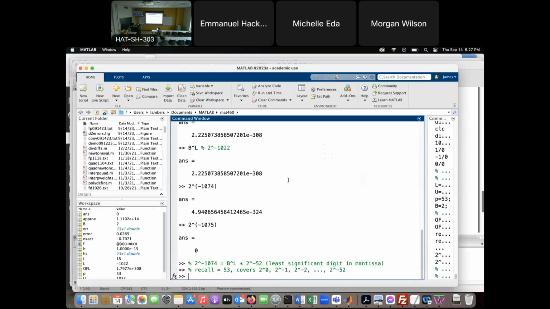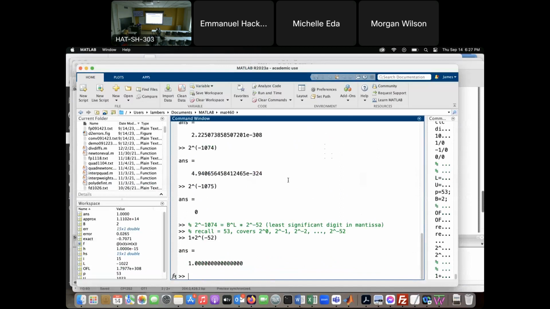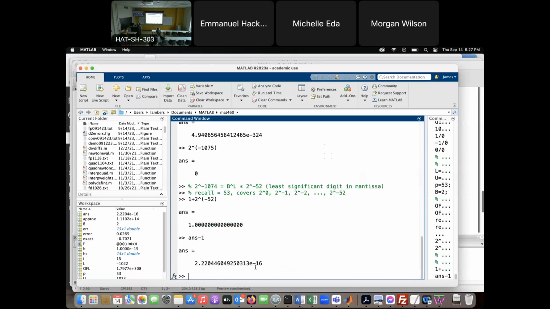So if I take 1 plus 2 to the minus 52, notice it gives me just 1.00000. So there's something there. So this is a number that's slightly greater than 1. In fact, if I take this number and subtract 1 from it, then I do get something.